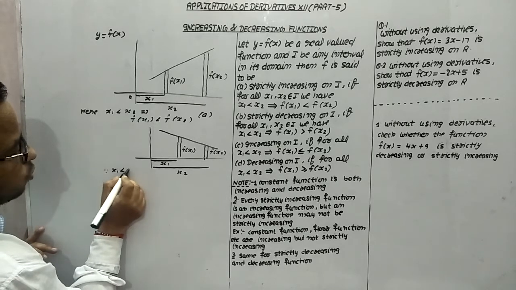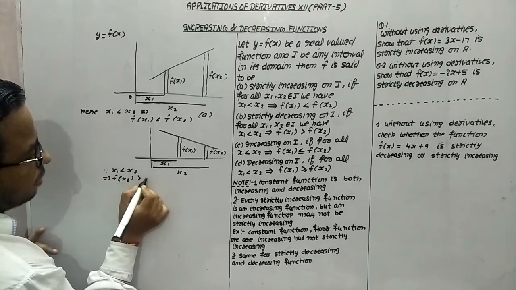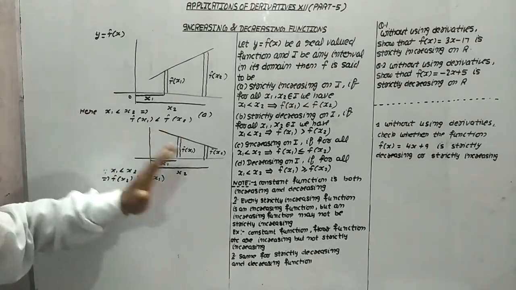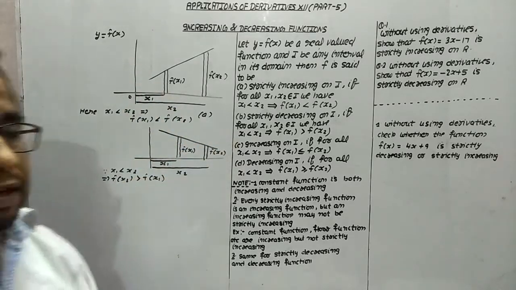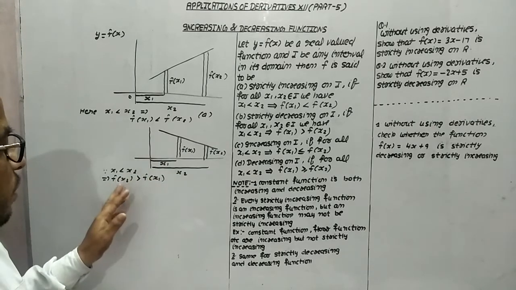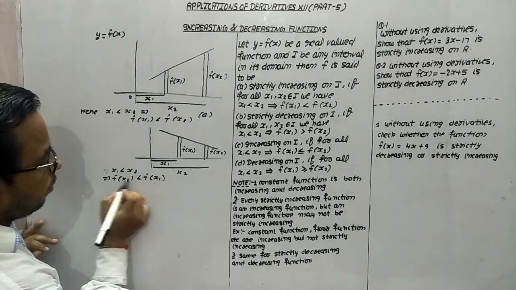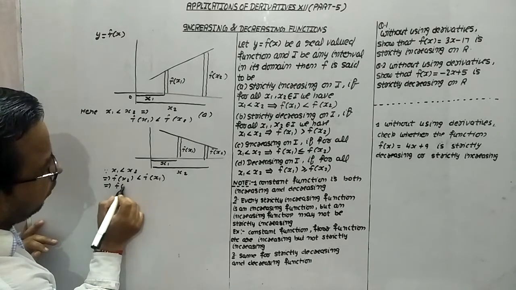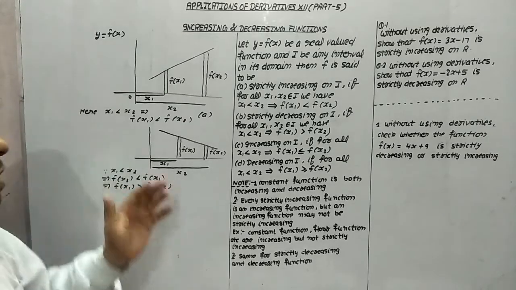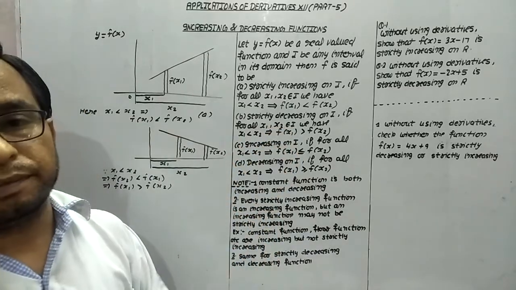Because x1 < x2, we observe that f(x2) is less than f(x1). Therefore the graph of this function is strictly decreasing, or you can say f(x1) is greater than f(x2). So this is the way to define a strictly decreasing function.